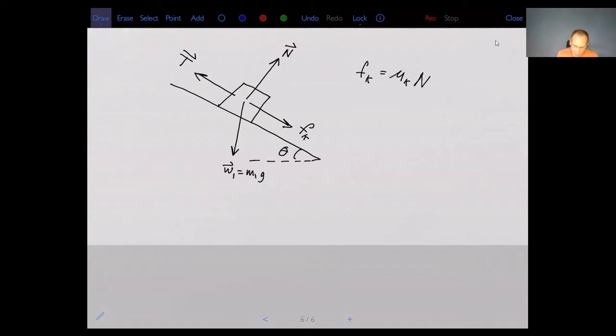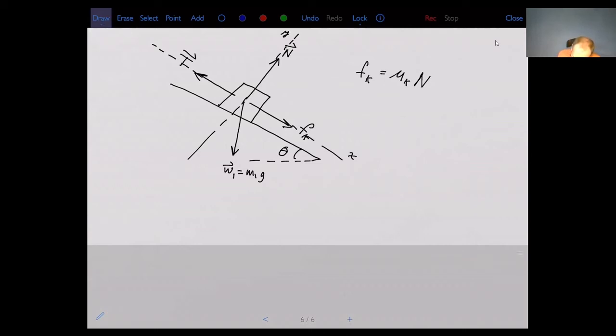Okay, so first thing, create a coordinate system. Well, in this case, since it's moving along the ramp, I'm going to call that the x direction. I'll just call down positive. It doesn't really matter in this case, even though it's moving up, but that's fine. And then perpendicular to it will be y. If you notice, all the forces act along the coordinate system except the weight, but I can fix that. Let me find the components of the weight.